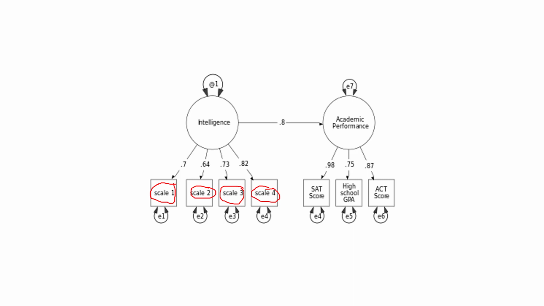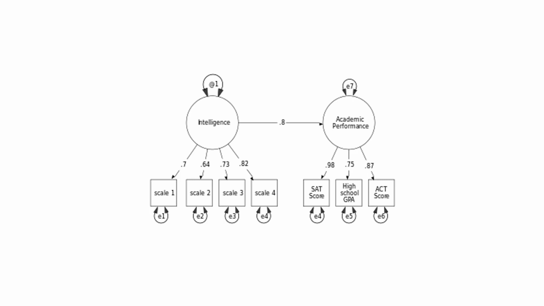And when we see squares, and I'm going to talk about this in more detail, we're talking about things we've actually measured. And what we can see here is that intelligence, in this factor up here, is indicated by 4 different scales.